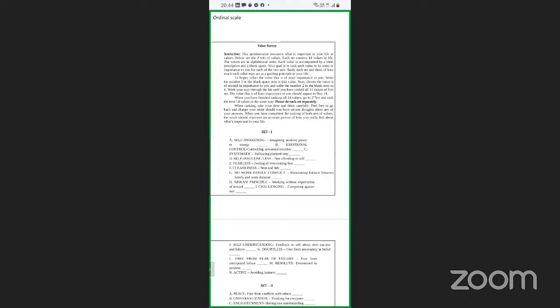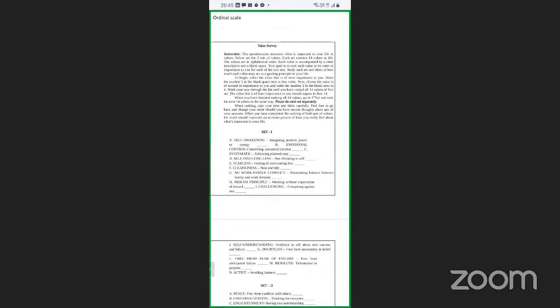K, doubtless: free from uncertainty in belief. L, free from fear of failure: free from anticipated failure. M, resolute: determined in purpose. N, active: avoiding laziness. Thank you. So this is set 1. Like that, there is another set, set 2.